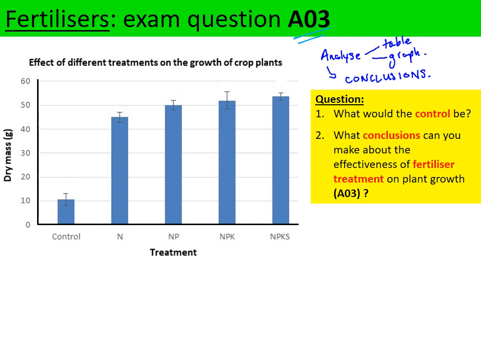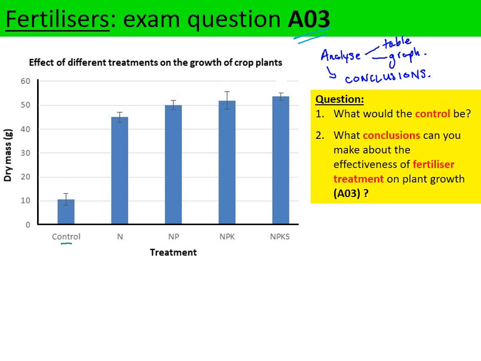So in this experiment, what's happened is the scientist has looked at the growth of a certain species of crop plant by looking at the dry mass, or the increase in dry mass over a certain length of time under different treatment conditions. So there's 5 different treatment conditions on the bottom. There's a control, so every experiment we're going to have a control in there.